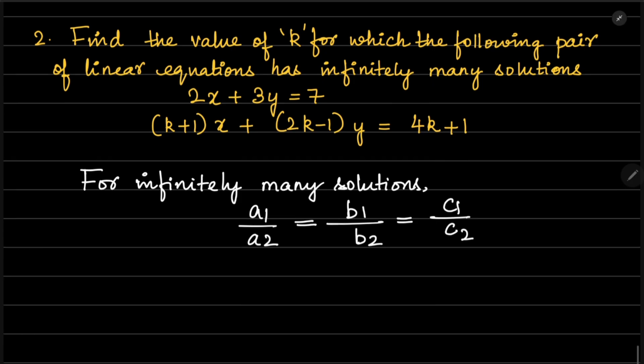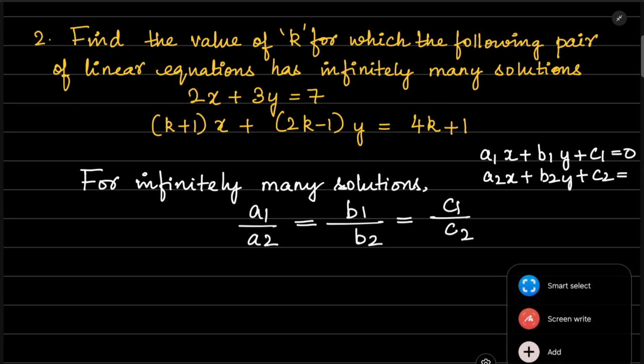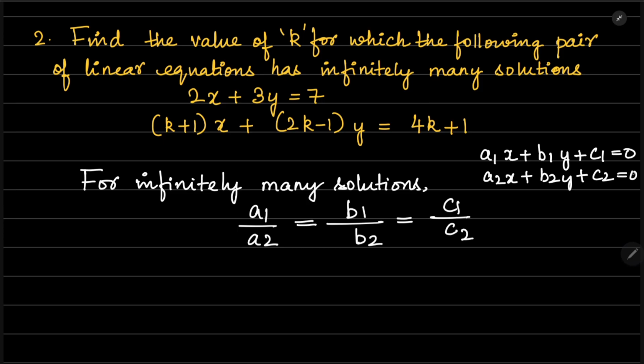So normally how is the equation? a1x plus b1y plus c1 equal to 0, and then a2x plus b2y plus c2 equal to 0. This is how your equation looks.